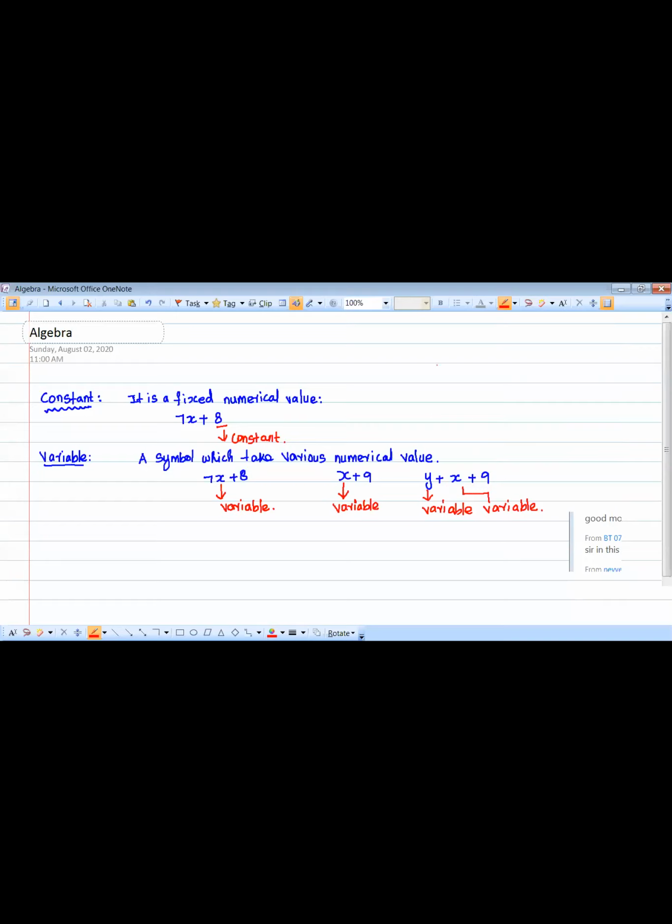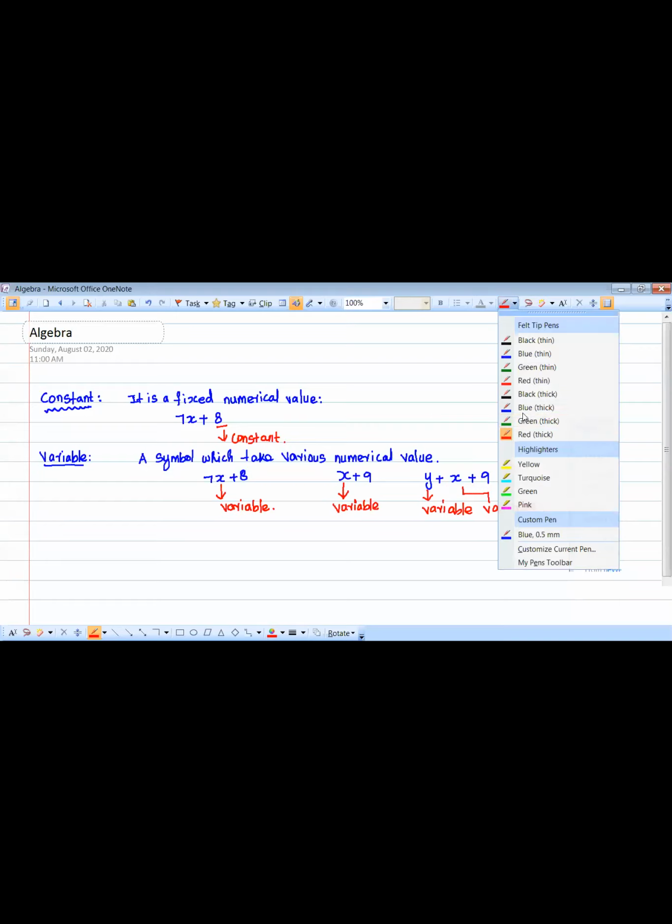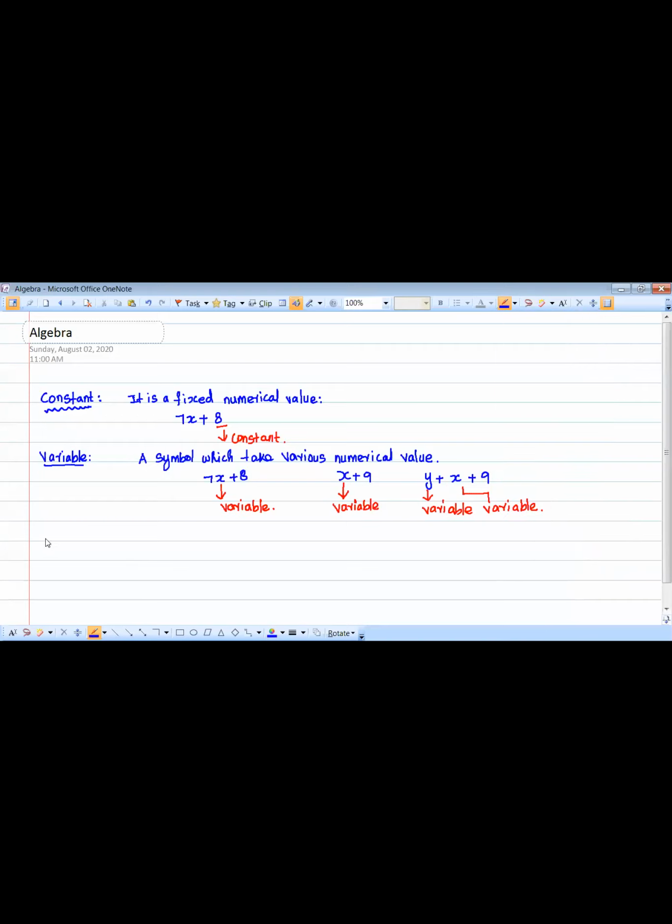What is coefficient? That also everyone should have the idea about it. What is coefficient?